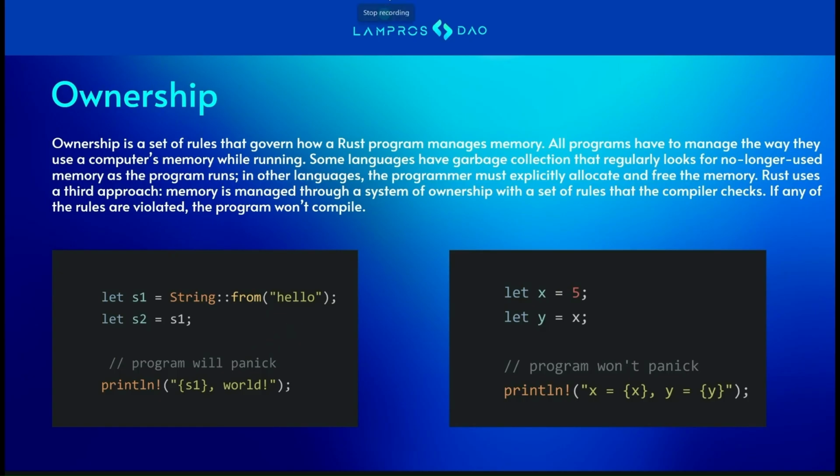There are two types of memory in any computer system: stack memory and heap memory. If at compile time the compiler does not know how big a variable's value can be, then it will be stored in heap memory. For example, for the string hello here, we do not know what value can be in the s1 variable.